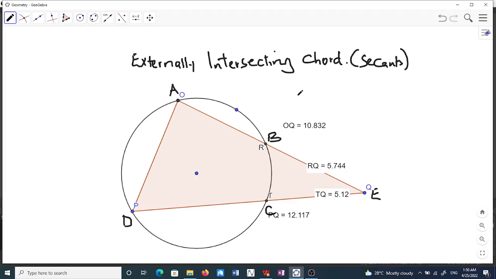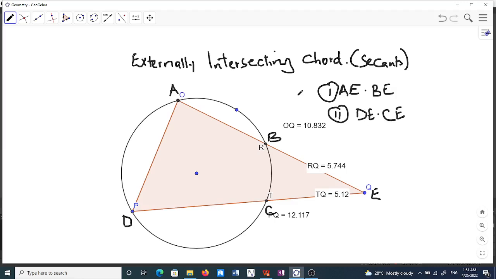Now look at the relationship that we have. I'm going to use A, B, and E. This is the relationship I want you to look at. I want to multiply AE times BE as my first part. Then the second part, I just want to multiply my DE times CE.